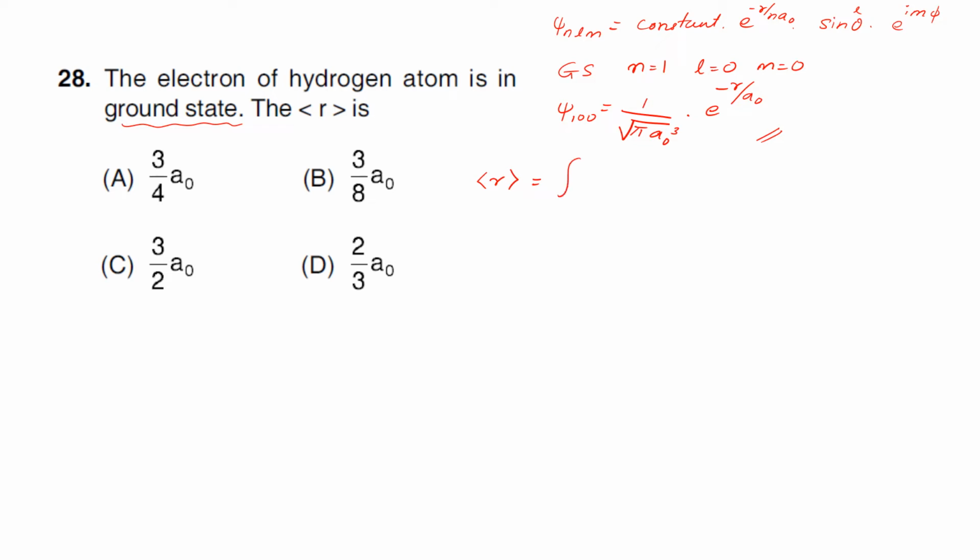It is given by the complex conjugate of the wave function into r into the wave function, integrated over the volume element d tau.